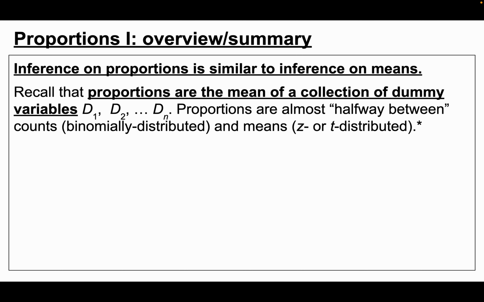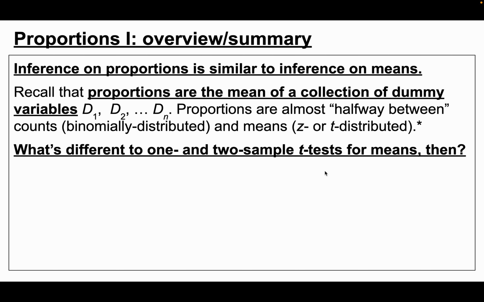Okay, so proportions are almost halfway between counts, which are binomially distributed, and means, which are Z or T distributed. And by the way, why can we not just treat this as an extension of the binomial distribution, for instance? Because that seems awfully similar to the binomial. The problem is that the binomial is a discrete distribution.